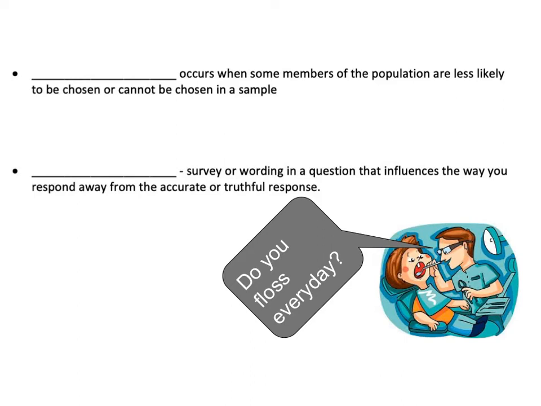And the final type of bias that I'm going to mention is response bias. This is not the same as non-response bias, okay? There is a difference. Response bias is what you do before you send out your sample or your survey. It's a survey or wording in a question that influences the way you respond away from the accurate or truthful response, okay?